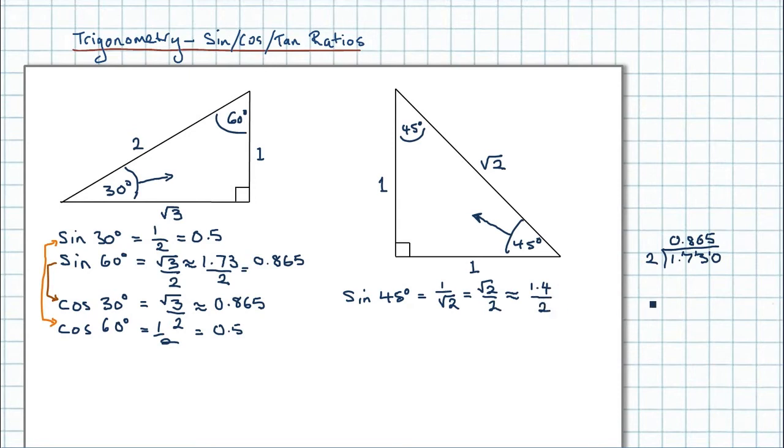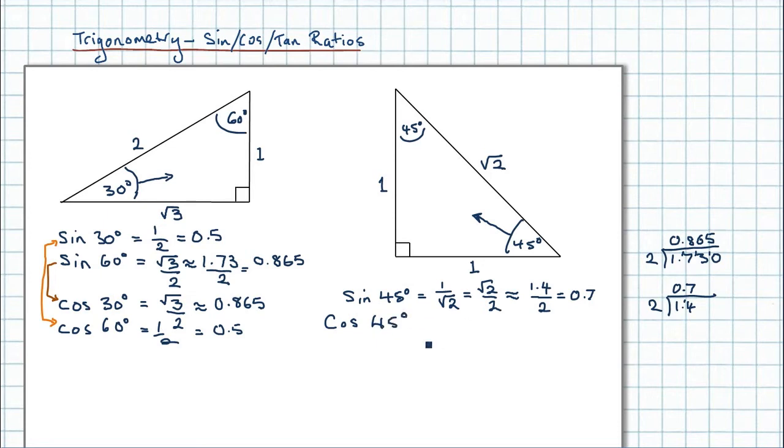So we've got, let's do it over here, 2 into 1.4 is 2 into 14, 0.7. Okay? So approximately equal to 0.7. But again, bear in mind that it's better to use the exact form for the sine of 45, which is root 2 over 2.